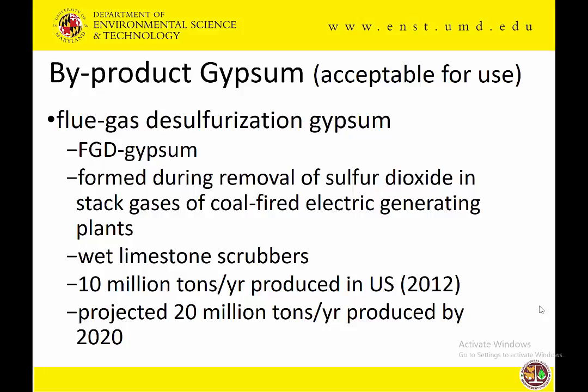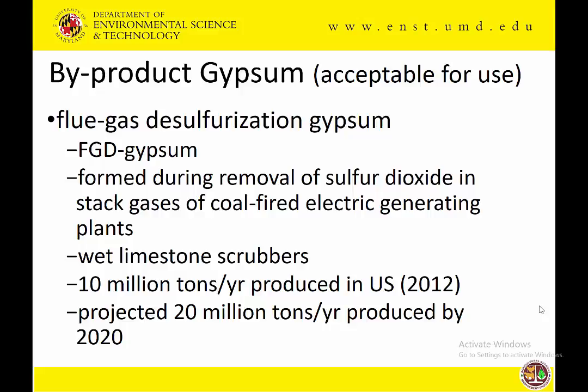It's formed when they spray a limestone suspension onto the hot stack gases in a coal-generating electricity plant. These are called wet limestone scrubbers. And they're there because of the requirements of the Clean Air Act to reduce sulfur dioxide emissions by the electric generators.